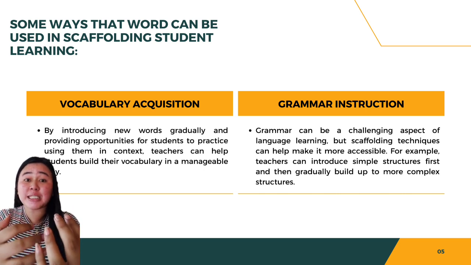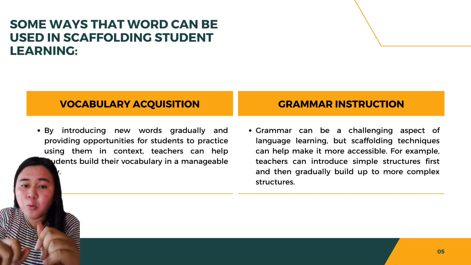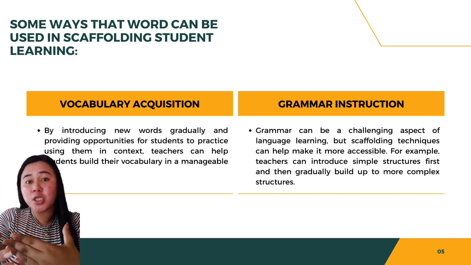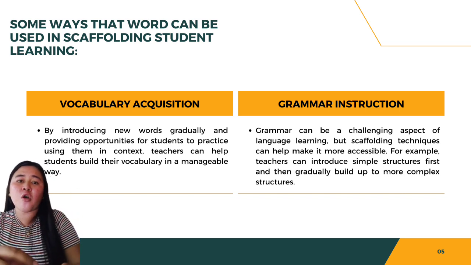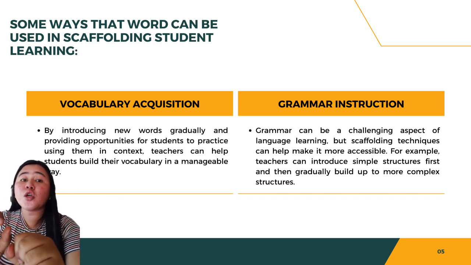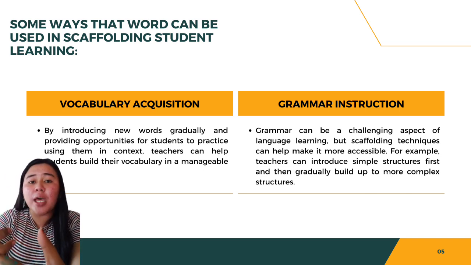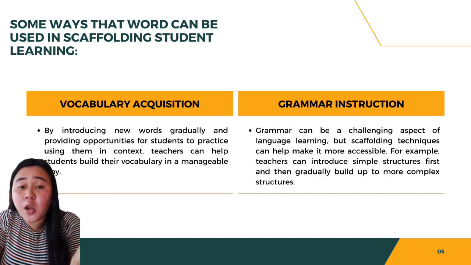So one effective way to scaffold student learning is through the use of words. By introducing new words gradually and providing opportunity for a student to practice using them in a context, we teachers can help our students to build their vocabulary in a manageable way.